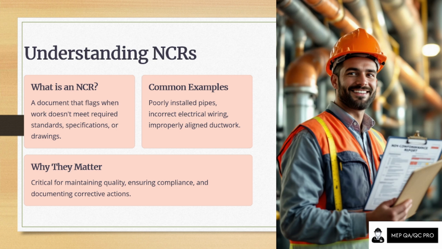What is NCR? A document that flags when work doesn't meet the required standard, specification, or drawing. Whenever you are raising or getting an NCR, it means the contractor, the consultant, or the client is throwing it to you because you are not following the standard, specification, codes, and the drawings.